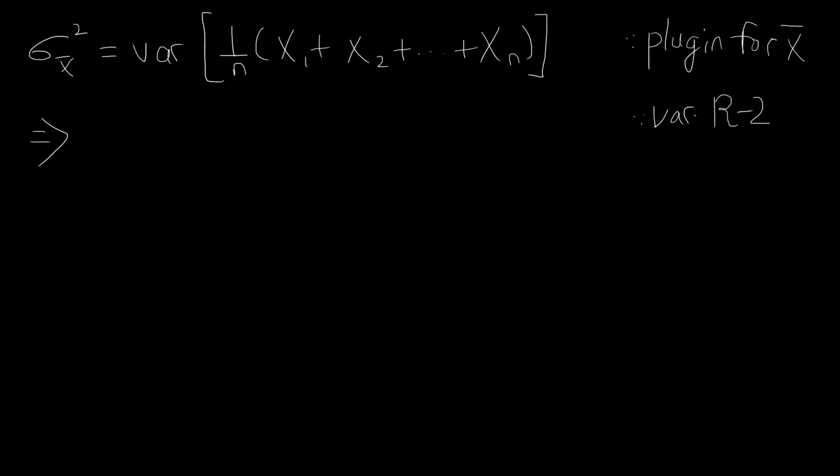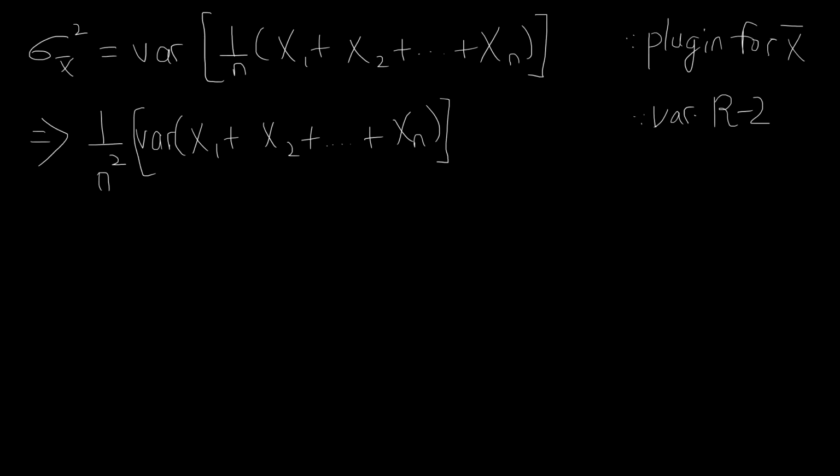So what we get is 1 over n squared times the variance of x1 plus x2 all the way up to xn. Okay, cool. Now, this is the stage which requires a little bit of thought once again.